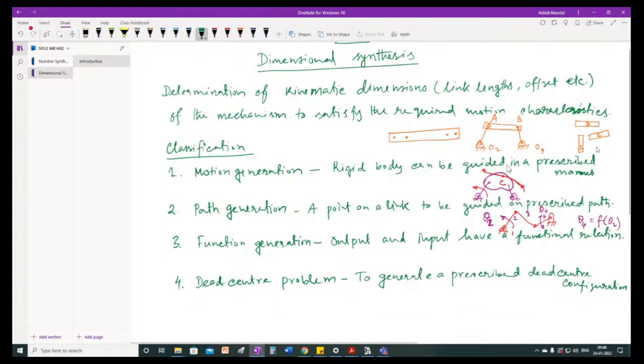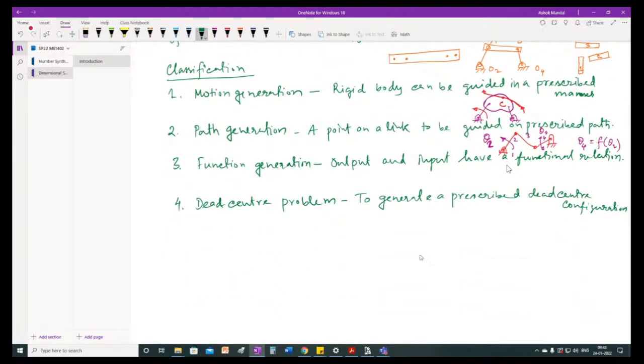What is a dead center configuration? Dead center means the extreme positions of a mechanism are called dead center, and sometimes we need to ensure a particular extreme position. So with respect to the extreme positions, you sometimes find out what are the link lengths and all the kinematic dimensions. Those problems are called dead center problem.